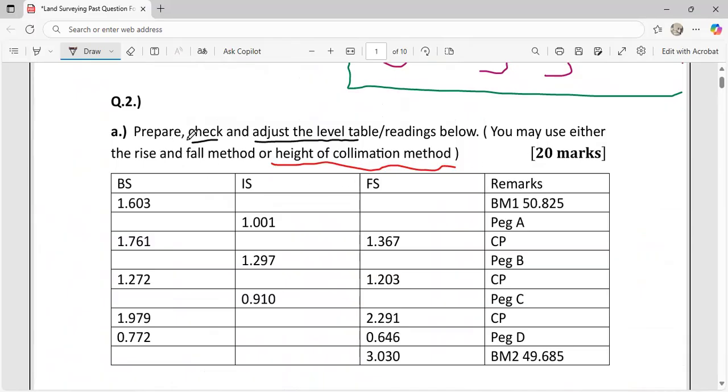The question said we should prepare, check, and adjust. For the table, we are already done preparing the table. So the next thing is to check whether whatever we've done is correct, even before we move to the adjusted level.